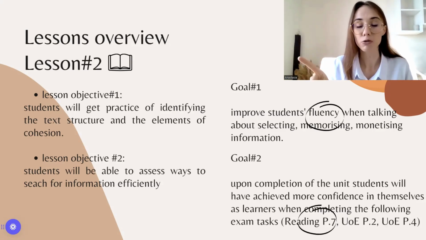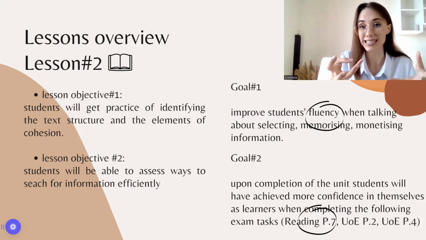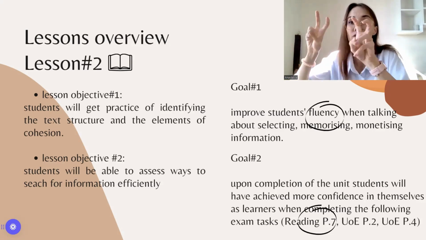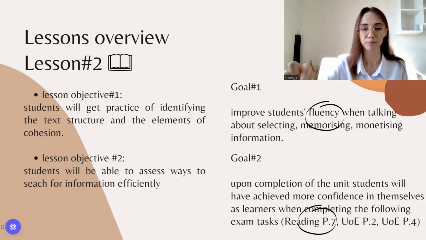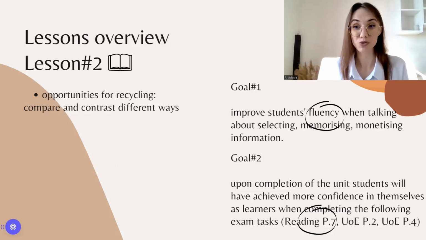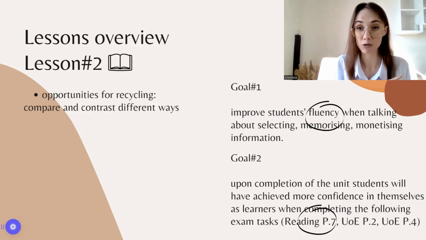And there is another goal, not another goal, but it also fits into the overall picture, because as I mentioned, this is going to be a little bit of a preparation task before the big boss. Okay. So I also see some opportunities for recycling here. Remember, we talked about comparing and contrasting.